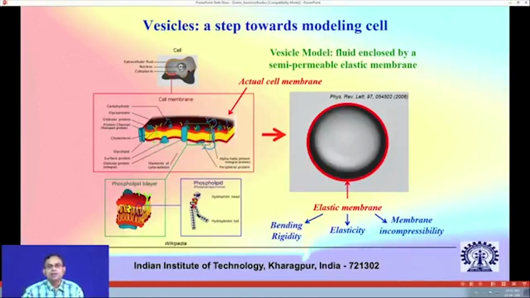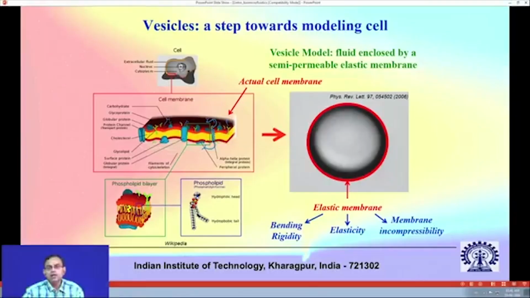That means vesicles are much closer to cells as compared to droplets. Of course, when you have a membrane-fluid interface, you add additional complexity to the fluid mechanics problem. You have bending rigidity, elasticity, membrane incompressibility, all these aspects to take into account.